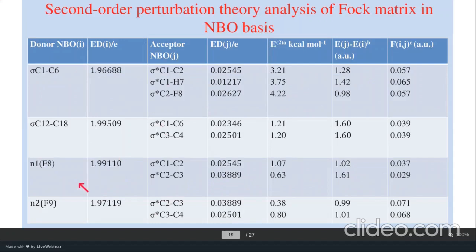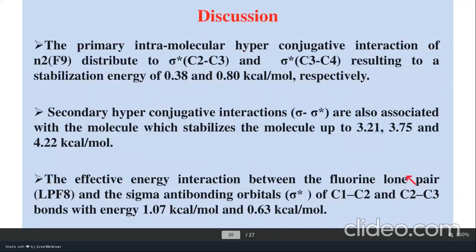Here we can see the first primary intramolecular hyperconjugative interaction, N2 F9. That means the lone pair is going and being distributed over the sigma star C2-C3 and sigma star C3-C4. Their energies in kilocalories per mole are 0.38 and 0.80, which we have discussed in the next slide.